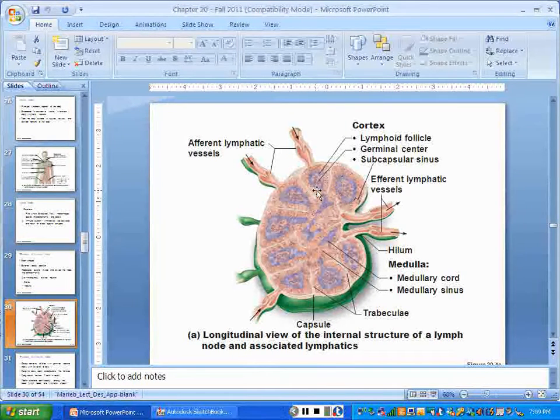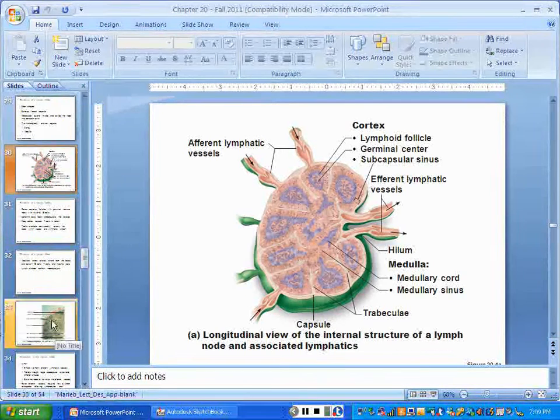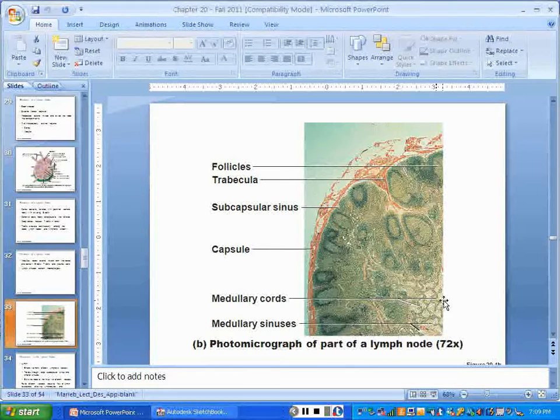Commonly, in the germinal center of those lymph nodes, that is where the B lymphocytes reside. We remember that this is the medullary region down here. The sinuses are open spaces there.